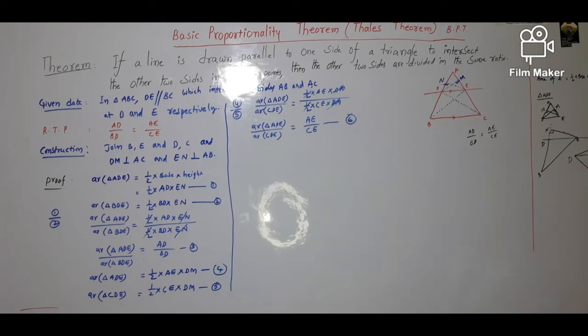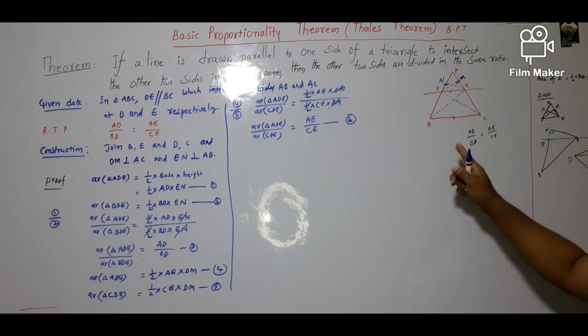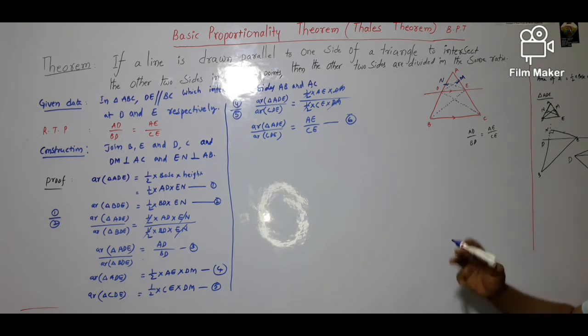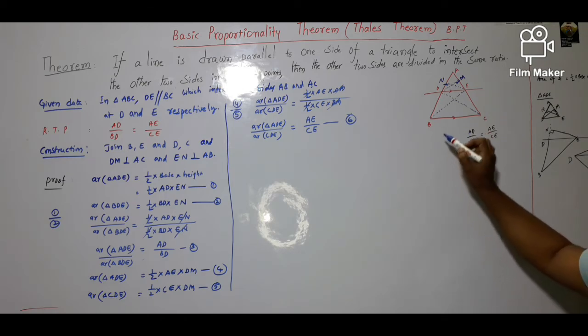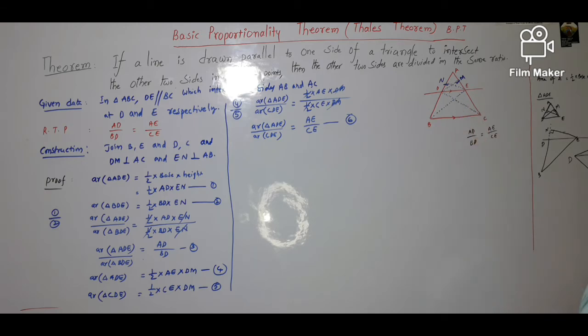In 9th class we learnt that any two triangles on the same base and between the same parallel lines have equal areas.